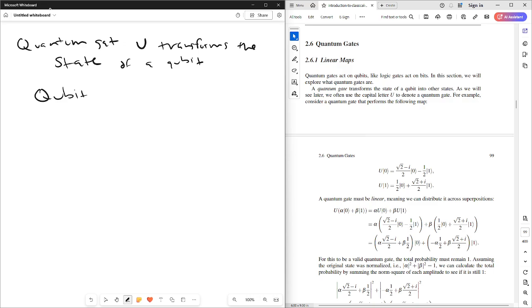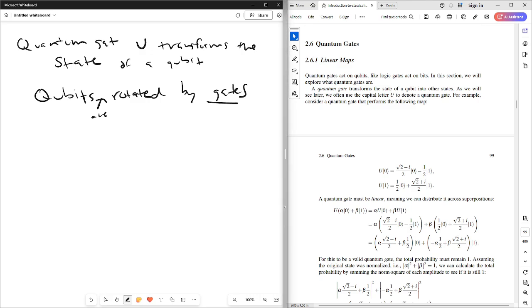This is the easiest conceptual thing that I've seen looking at other stuff online: qubits are rotated by gates. They affect some type of transformation onto the states of the qubit. So looking at this example, this is a very general example here.